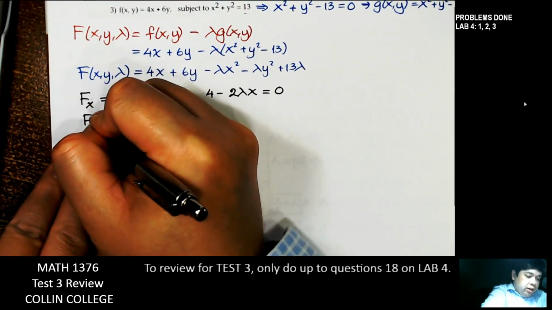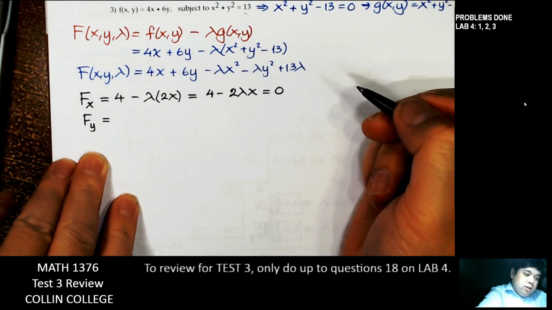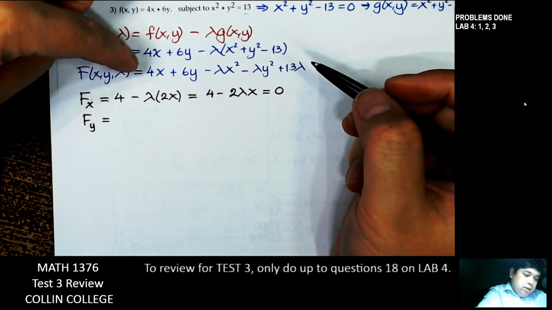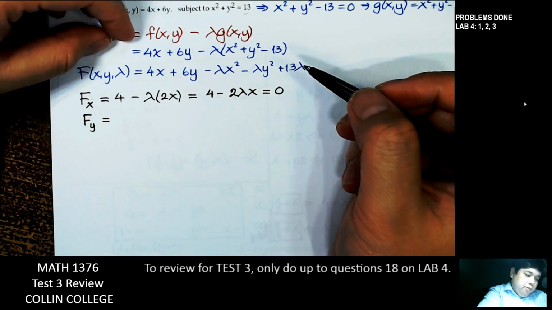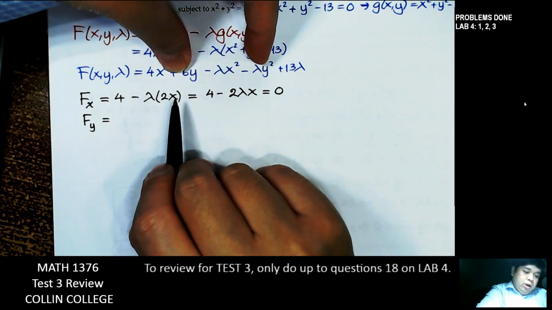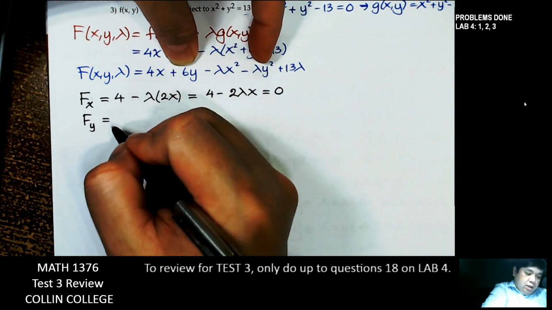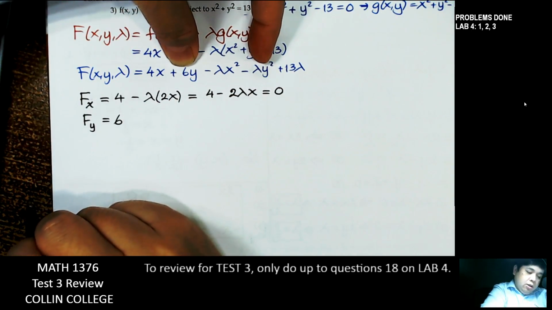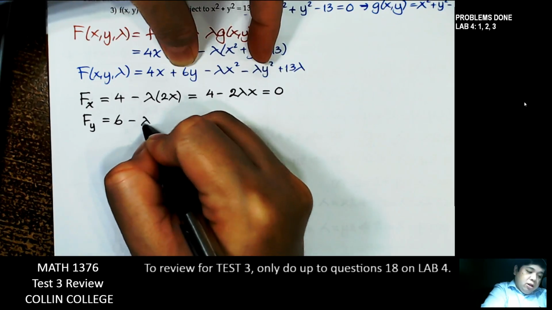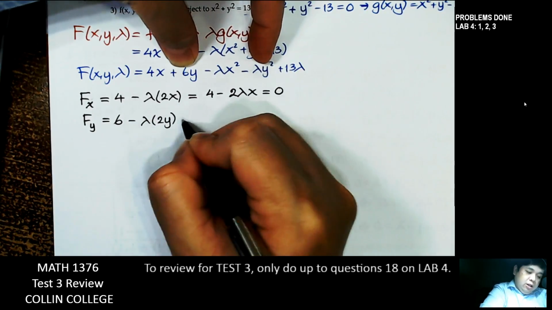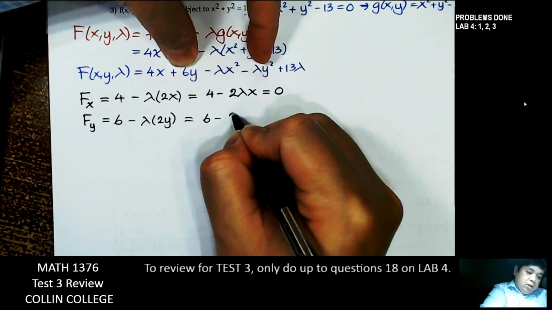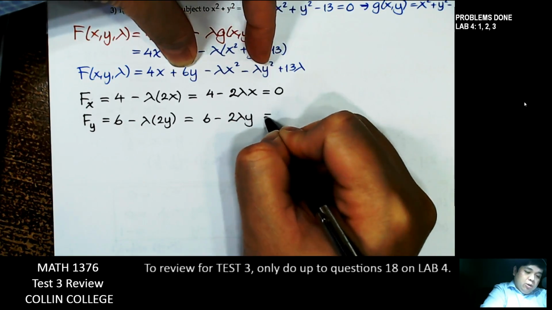The function with respect to y will be those two terms, 6 minus lambda times 2y. So 6 minus 2 lambda y equal to 0.